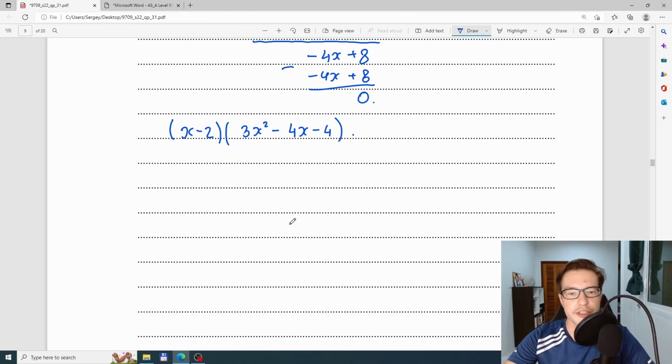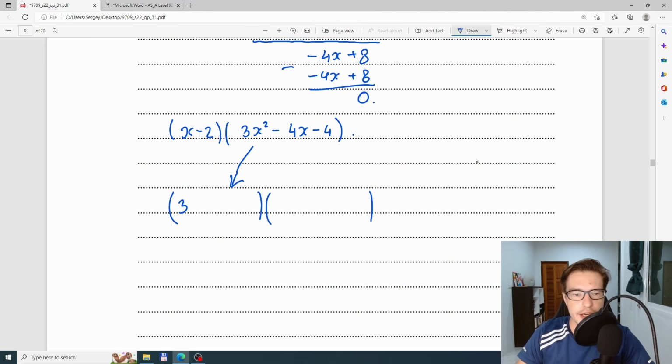But this is not factorized completely because we can also factorize quadratics. Okay, how do I factorize quadratics? We're going to have two brackets. Now, whenever I'm multiplying, I should get 3x squared.